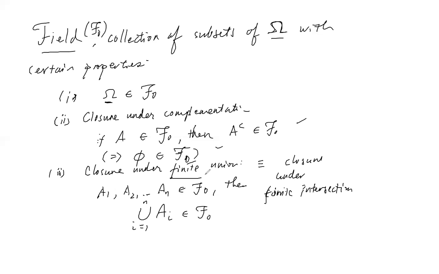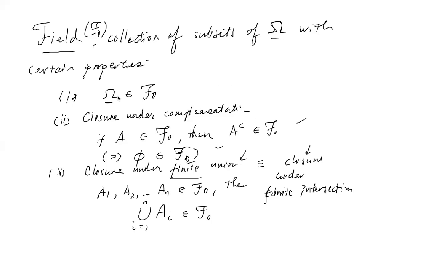The other one is you either show this or this. You don't have to show both. Showing one of them is enough because they are equivalent.